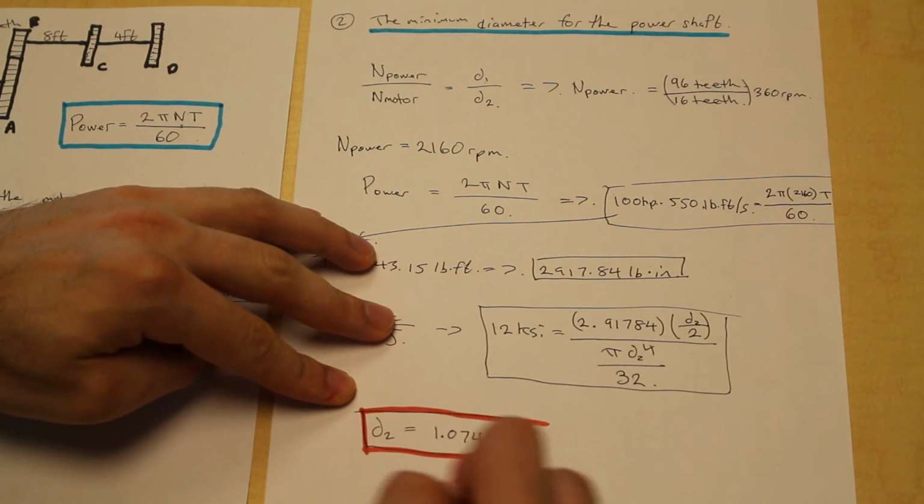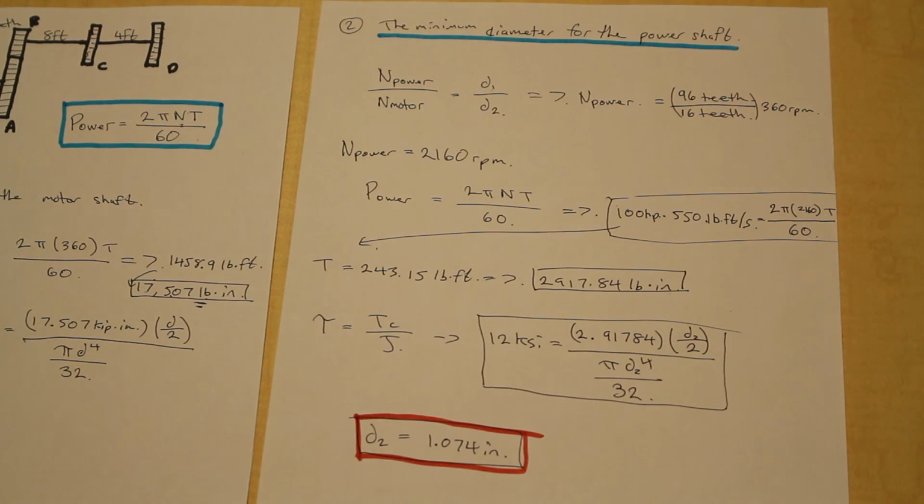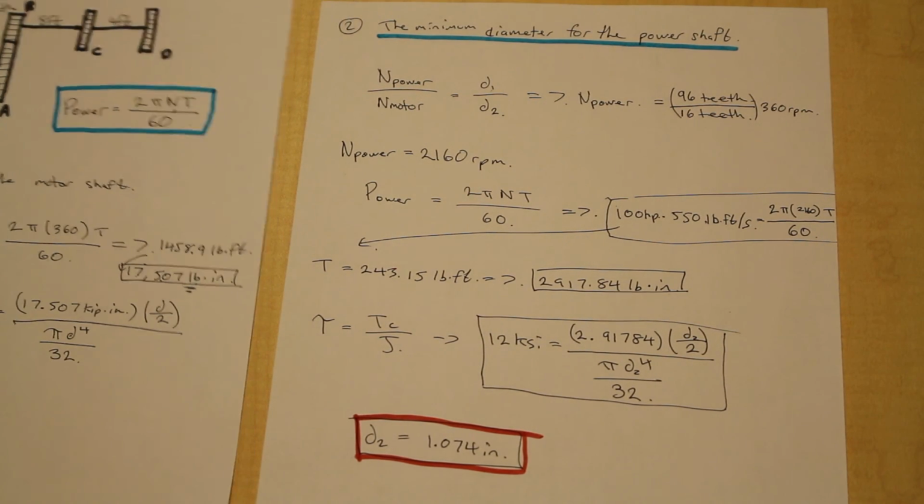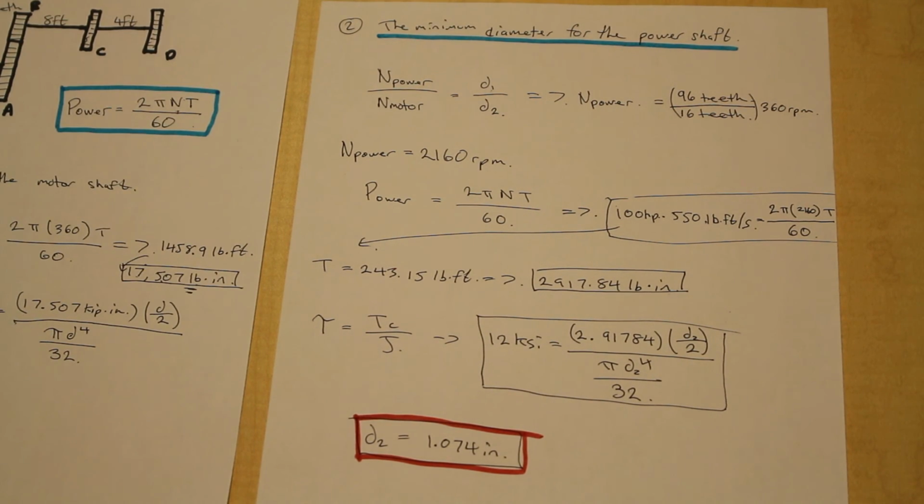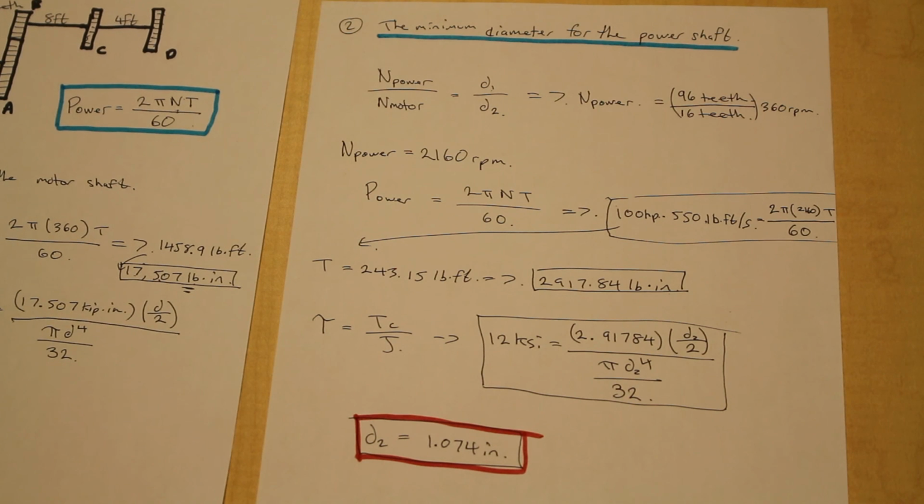That's a very common question that they ask you, for the minimum permissible diameter. So, summing it up, you solve for T using your power formula, and then you sub that into your tau formula for your shear stress, and you find the diameter by writing c and J in terms of D, and you're done. That's it.